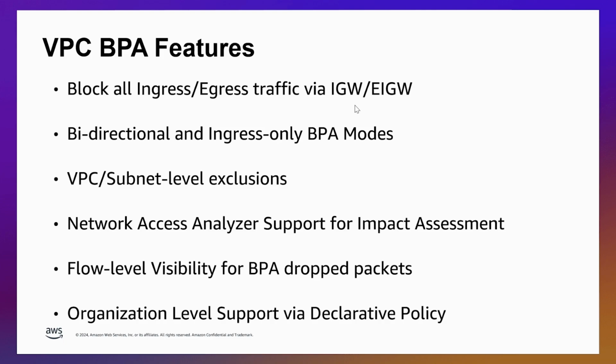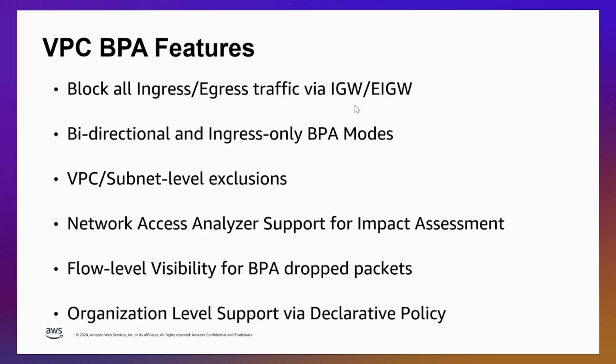And you have two modes: bidirectional mode, which blocks all bidirectional access in the VPC, and Egress-only BPA mode, where only inbound connections from the internet are blocked. Outbound connections are fine. So for any NAT gateways in your VPC, this control will allow that access to happen, but it won't allow any unsolicited connections coming in from the internet to resources in your VPC.